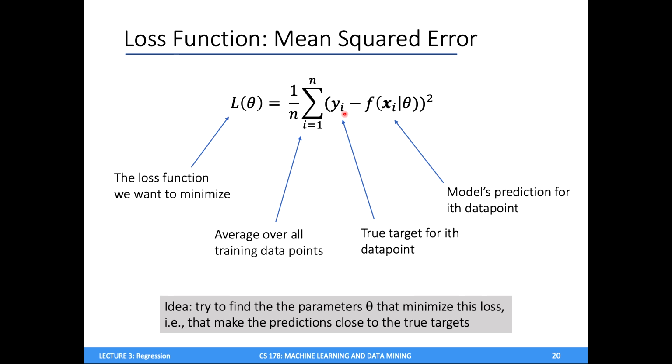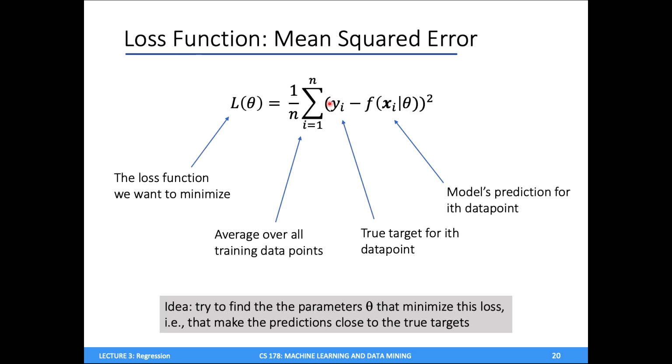Then we compare them. We just look at the difference between the true y value and the predicted y value coming from our model, and then we square them. The reason we square these errors is because we always want our errors to be positive. It doesn't really make sense for us to consider negative errors here. And so we look at the error for every data point, square it, take the average, and then we get this so-called mean squared error loss function.